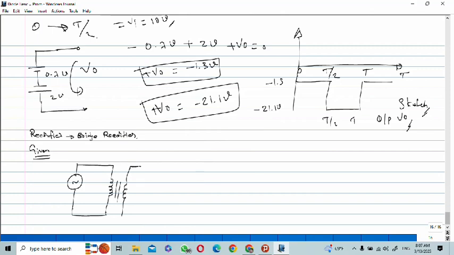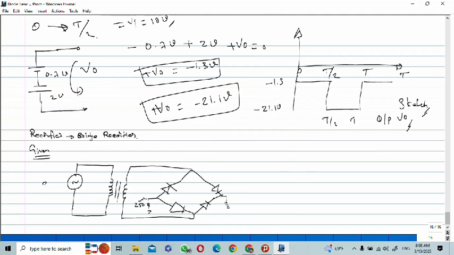To this they connected a bridge rectifier, and here a 250 ohm resistor is connected, with this side grounded.